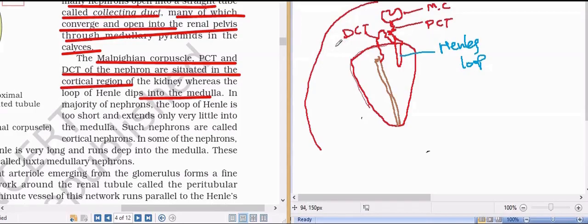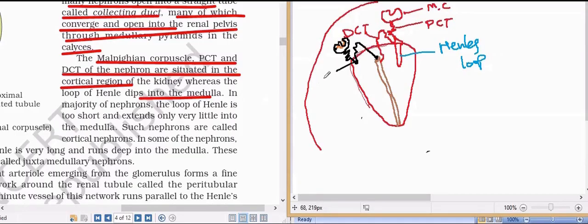Hope you understood. Suppose this is another one. Or you can say like this, under the Bowman capsule, and it's a PCT, okay, and it's a Henle's loop, and it's a DCT, and it has entered. So in this case the Henle's loop is very small.